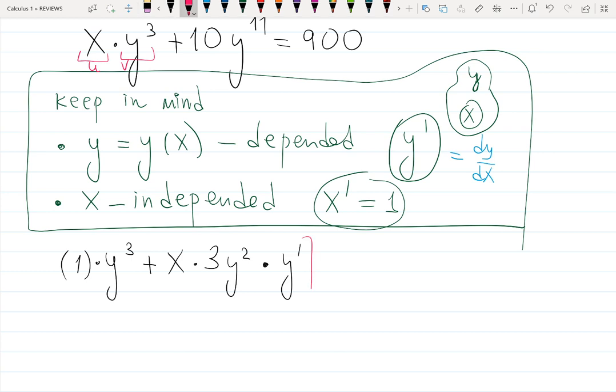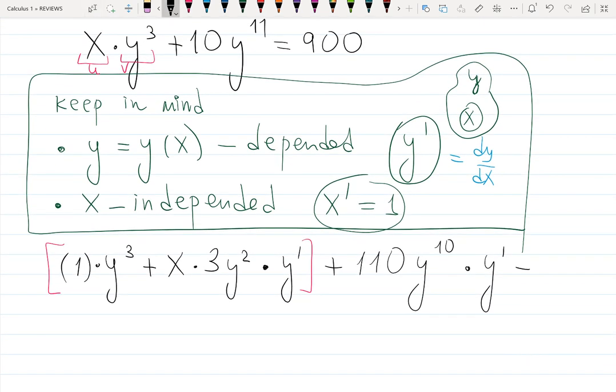So what did we do? That was just the derivative of the first term, x times y cubed, and the first y prime already popped out. Now 10y to the 11 becomes 110 y to the 10 times y prime, remember, pops out again, equals 900.